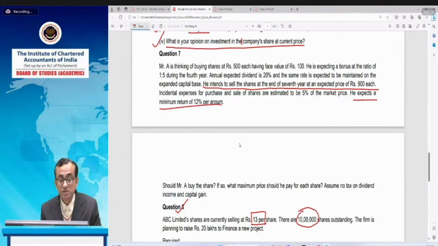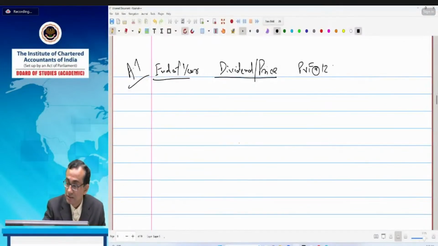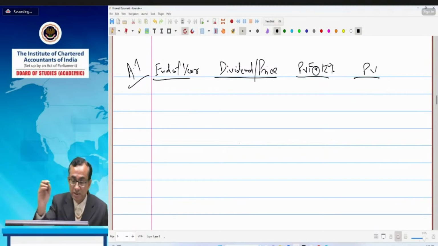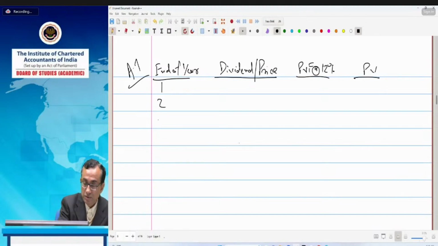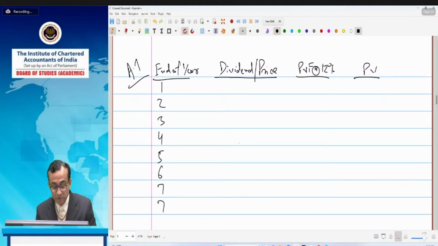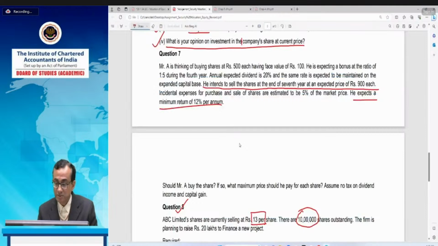Discount rate is given, it is 12%. And lastly, present value. For 7 years separately, we have to calculate 1, 2, 3, 4, 5, 6, 7. Not only dividend, but also the price at the end of the seventh year will be discounted to arrive at the present value. This price, 900, which will be received after the 7 years, also has to be discounted to arrive at the present value.